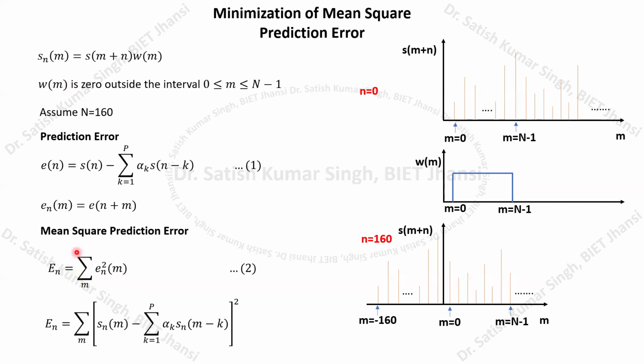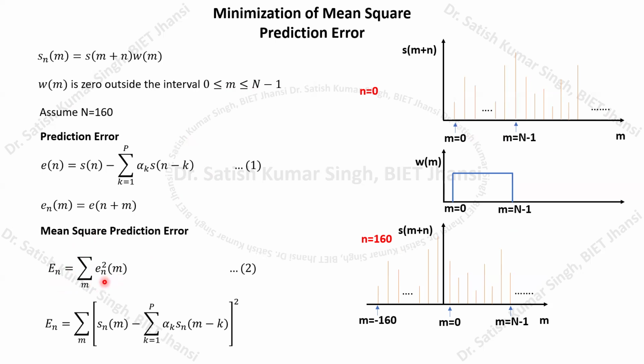We are not dividing by it because it is not affecting the calculation of alpha k. So that division by the total number of samples can be omitted for simplification, right? So here we are considering this E_n equals to this particular summation, which is known as the mean square prediction error.